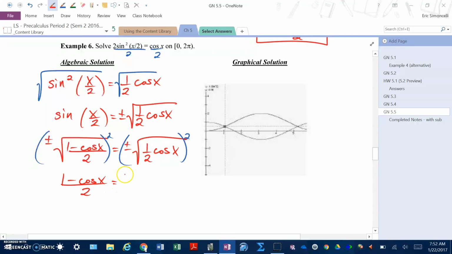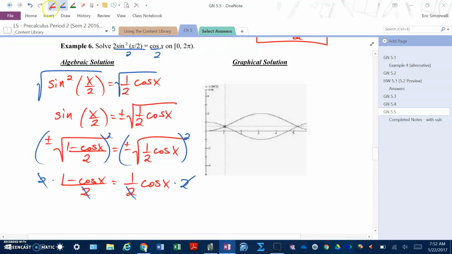Notice the plus or minus disappears because when you square a plus or a minus, it becomes a positive. And then on the right side, 1/2 cosine of x. Still nice in that it's nothing but cosine. But the halves can actually be eliminated by multiplying both sides by 2. I'll show that.